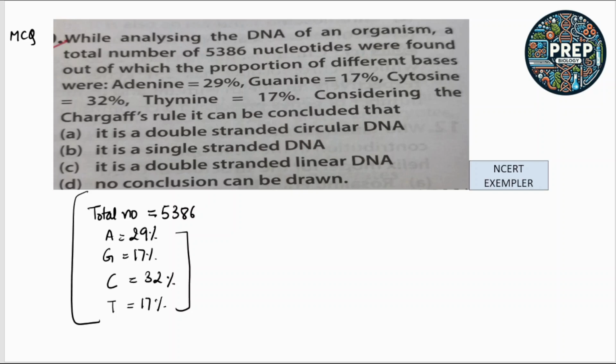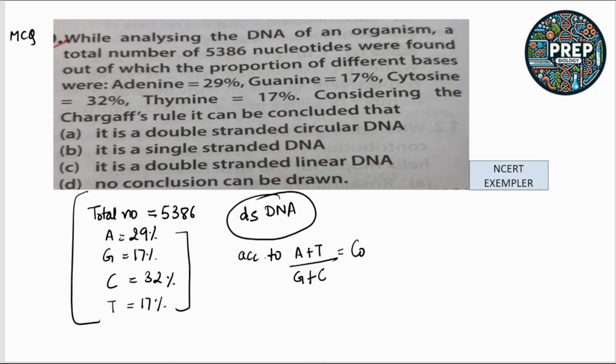We know that Chargaff's rule is for double-stranded DNA. According to Chargaff's rule, A plus T divided by G plus C is equal to a constant.